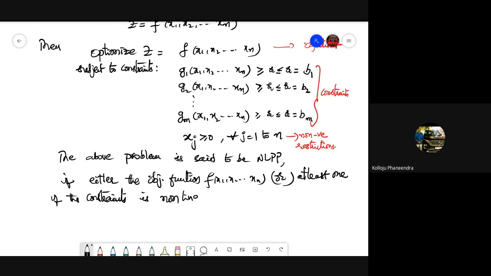You know what is the meaning of non-linear now. Or both the objective function and constraints are non-linear.